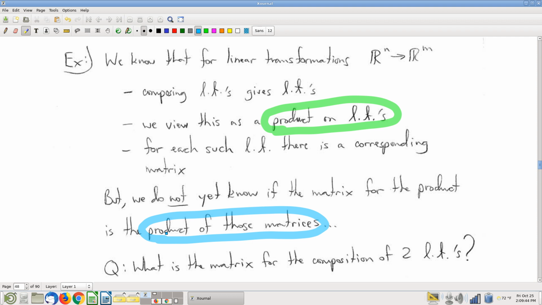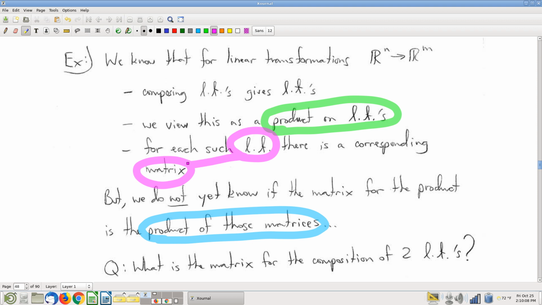But notice now, we have the fact that there's a perfect correspondence between linear transformations and matrices. So if I can think of every matrix as a transformation and every transformation as a matrix, I have to ask, is the product that I defined on linear transformations compatible with the product that I had previously defined on matrices?